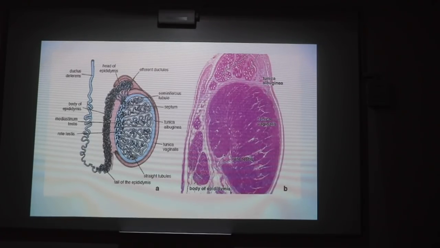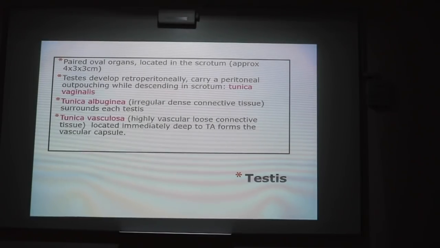And from here you have the septa from the tunica albuginea, which are coming in and dividing the testes into several lobules. So testes are paired oval organs located in the scrotum.